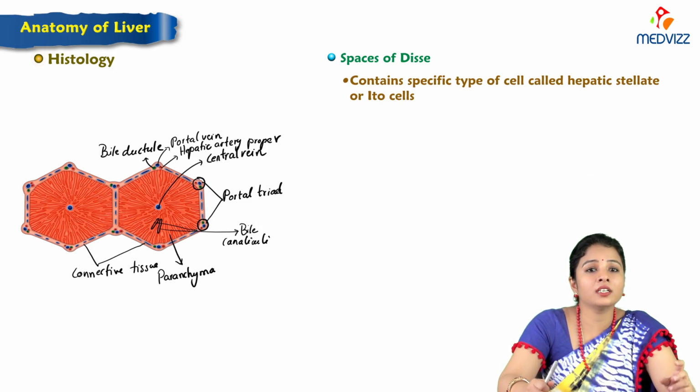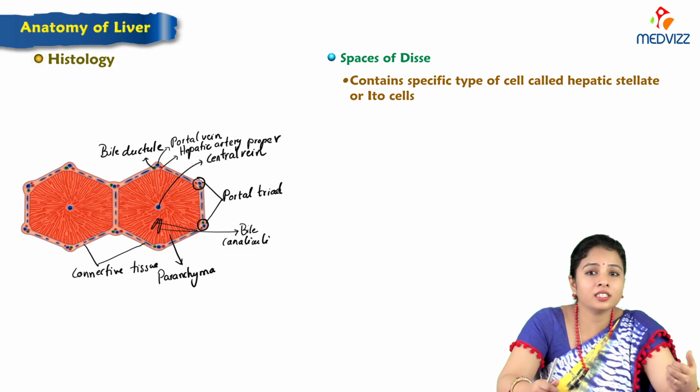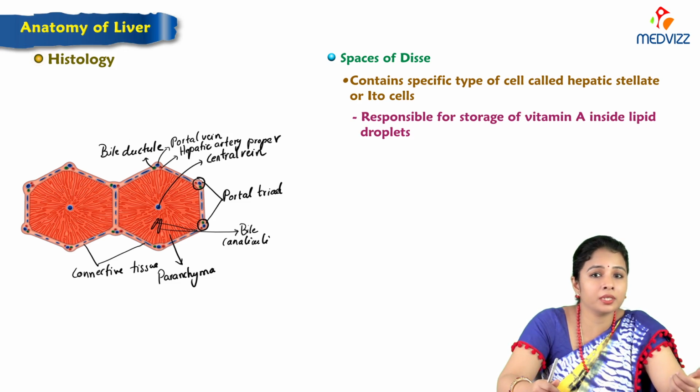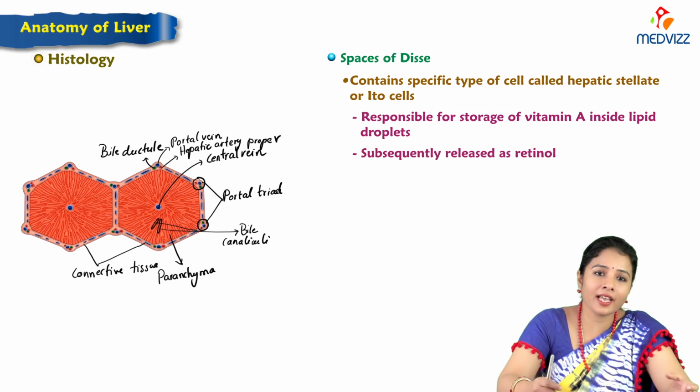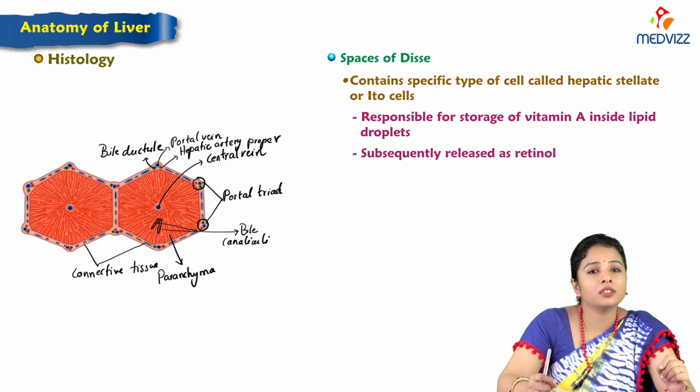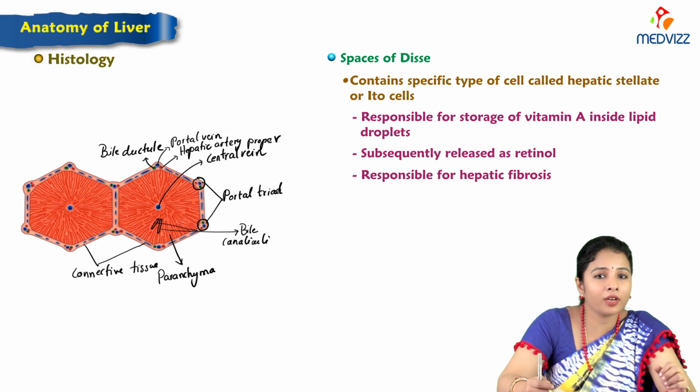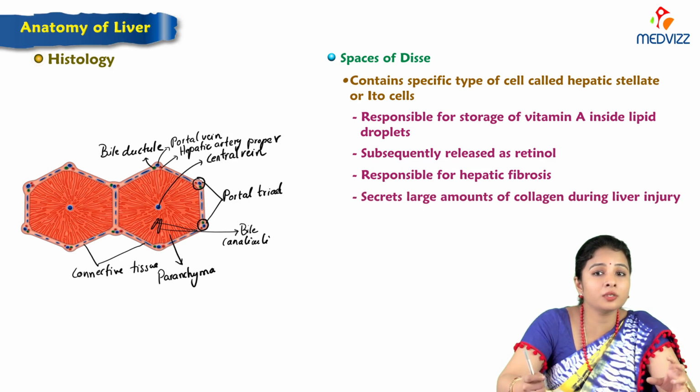The perisinusoidal space contains a special type of cell called hepatic stellate cells or Ito cells. As discussed earlier, they are responsible for the storage of vitamin A inside lipid droplets, which is subsequently released as retinol. However, these hepatic stellate cells are also responsible for hepatic fibrosis, that is the formation of scar tissue, since they secrete a large amount of collagen during liver injury.